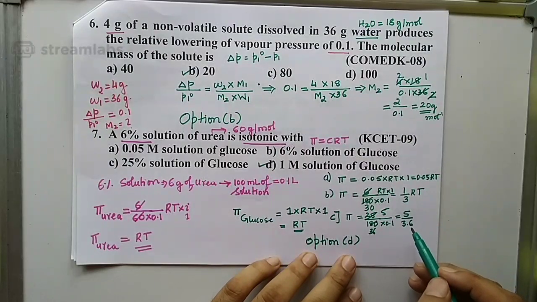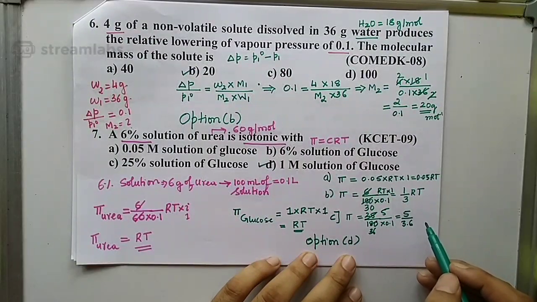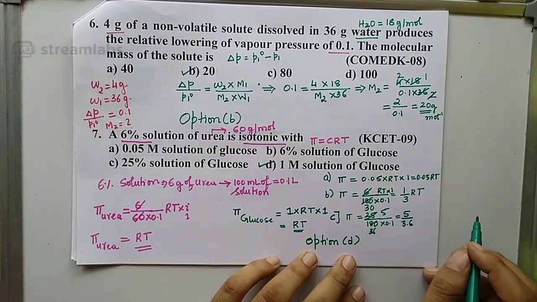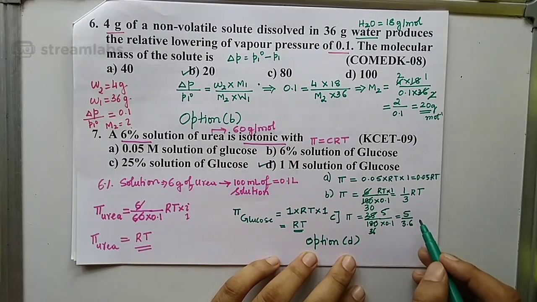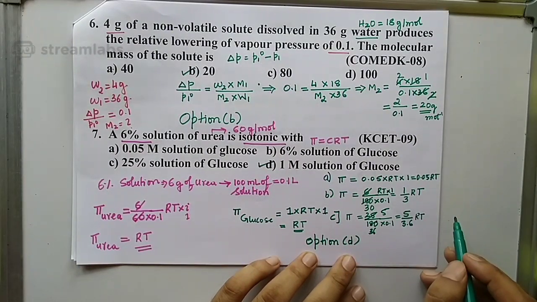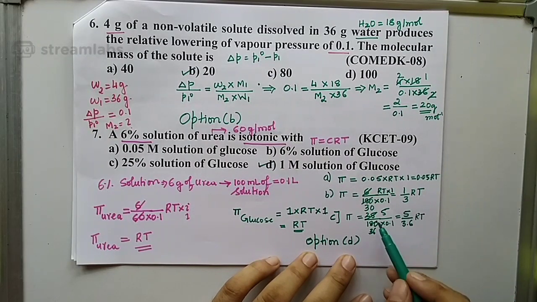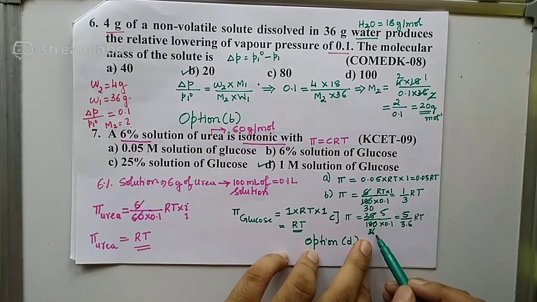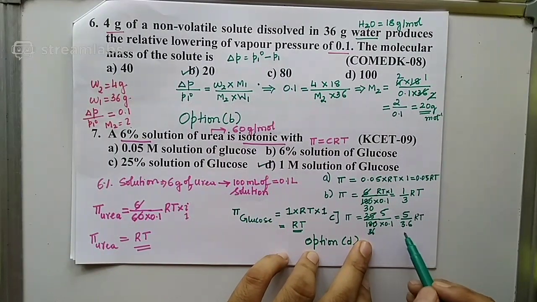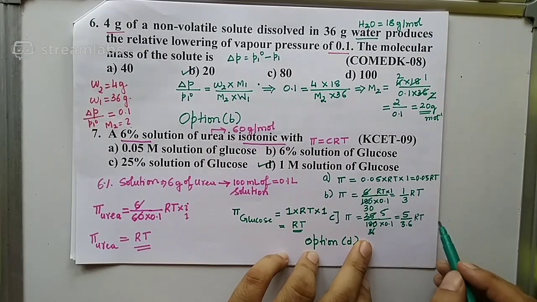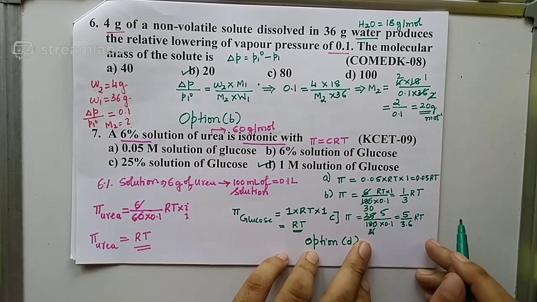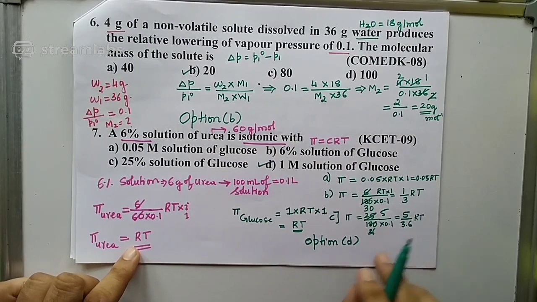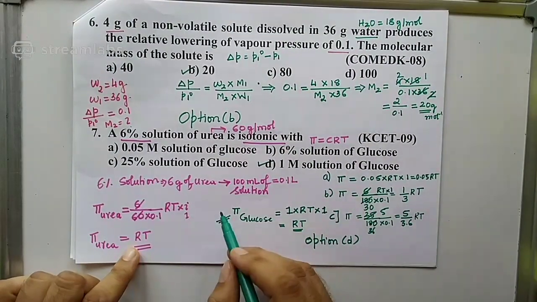Is it clear? 36 into 0.1 is 3.6. So 5 by 3.6 into RT, which is definitely not equal to RT. So therefore option D is the only answer, which we already discussed here.